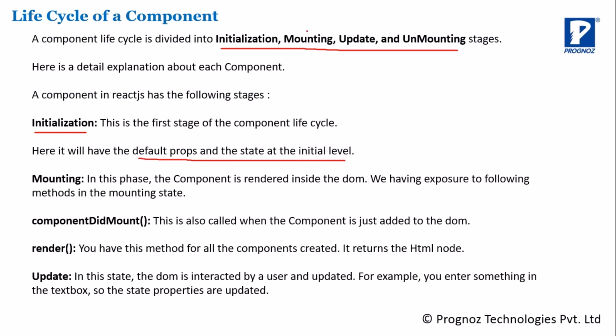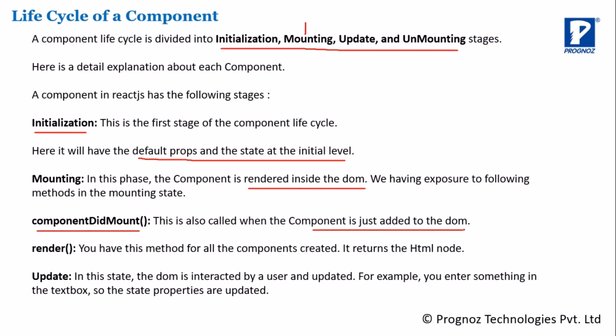The next stage is called the mounting stage. In the mounting stage, what is happening? The component is rendered in the DOM. And the method called in the mounting stage is the componentDidMount method. This method is called when the component is just added to the DOM. First, it is rendering inside the DOM.